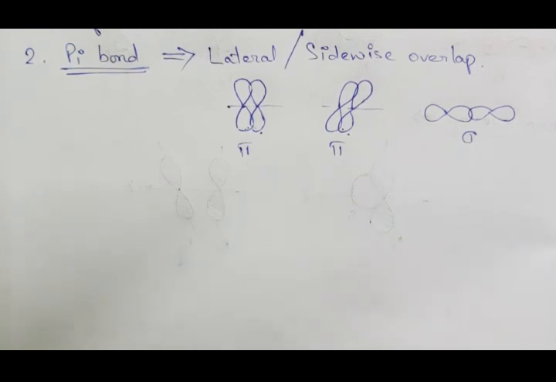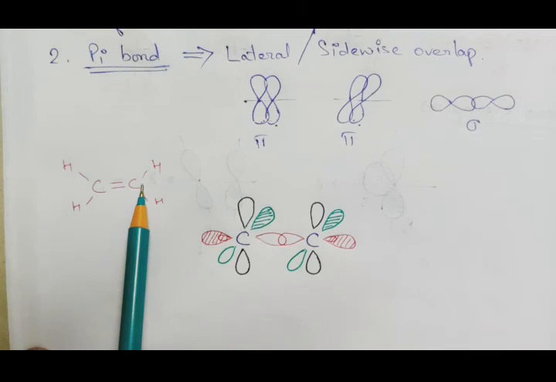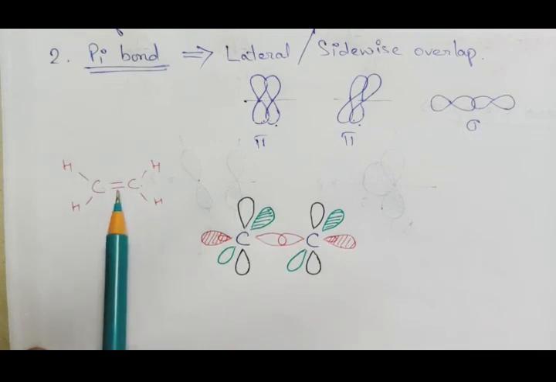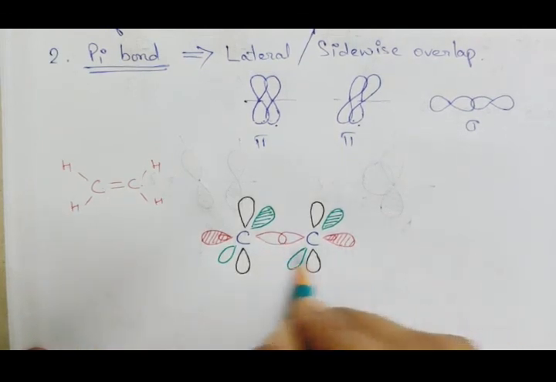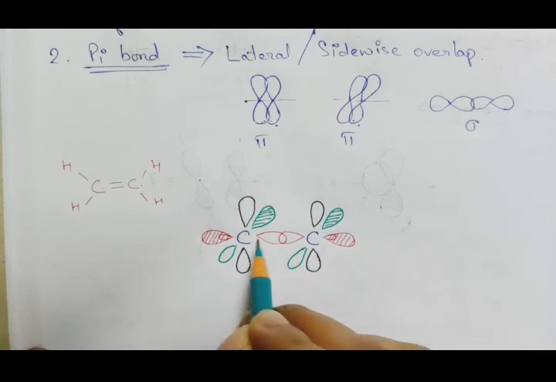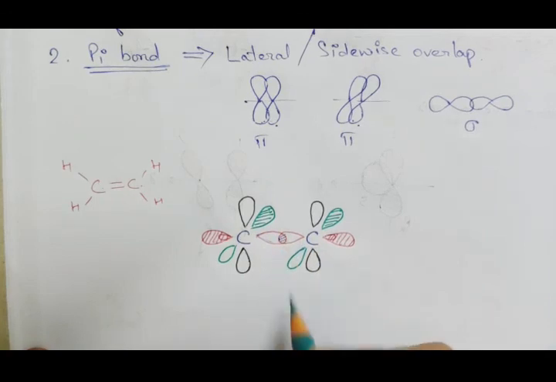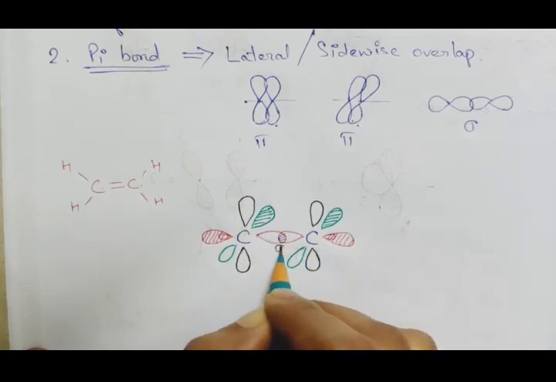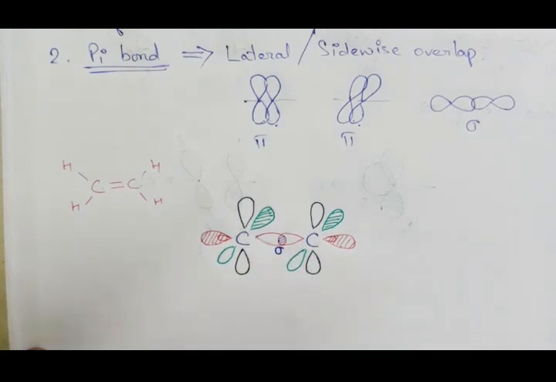Let me show you how. See, for the formation of ethene, two carbon atoms are connected with each other using a double bond. That means one sigma bond and one pi bond. So look here. For the pz axis, there is one overlap of the pz orbitals of the two separate carbon atoms. So this orbital overlap gives rise to the formation of one sigma bond between the two carbon atoms.